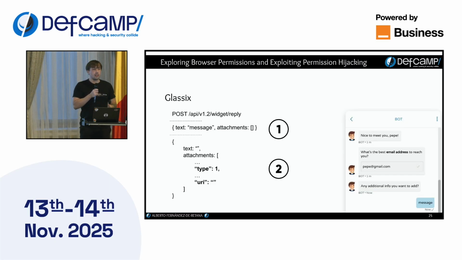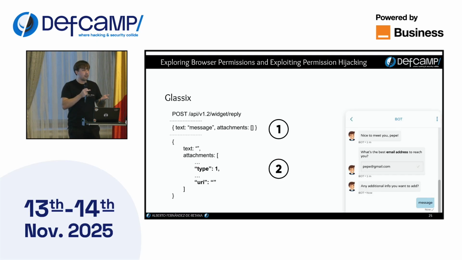I just tried testing Glasses, so you can interact with the worker. If you send just a message, it's like the one that we see here. But usually this chat also supports different kinds of attachments. And in this second message, there was an attribute called type.